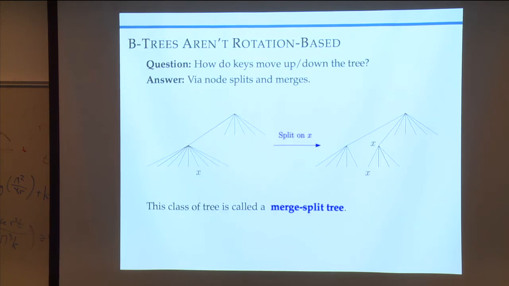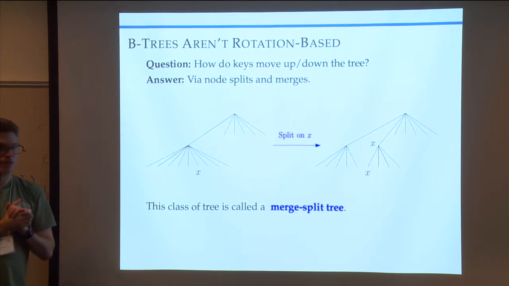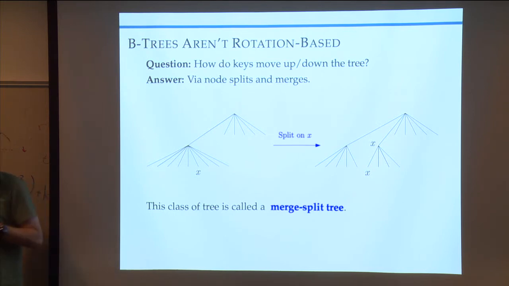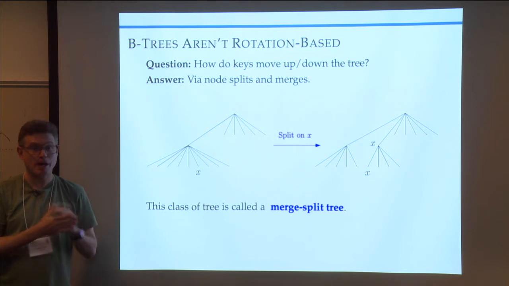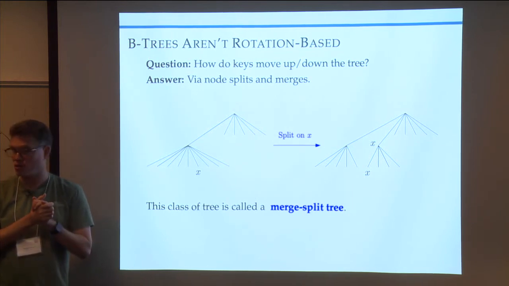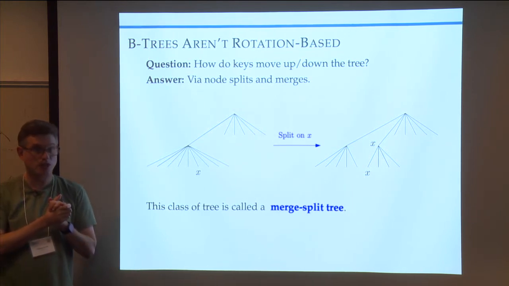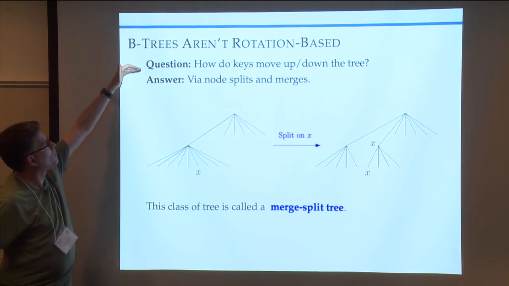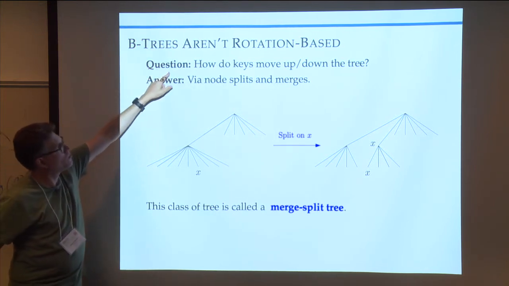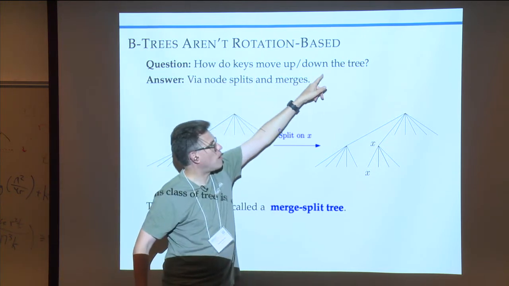So the first thing to observe about B trees, as Sepher already did, is that B trees are not rotation-based. So already B trees don't fit into the notion of dynamic optimality that we think about in internal memory, because they don't do rotations. They do splits and merges. So this question, how do keys move up and down in the tree?